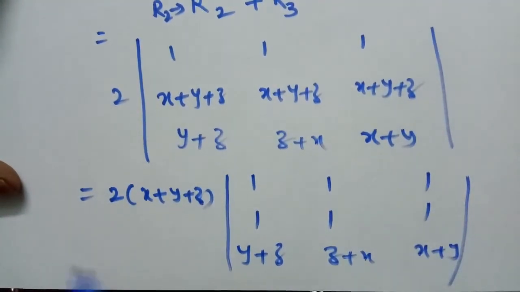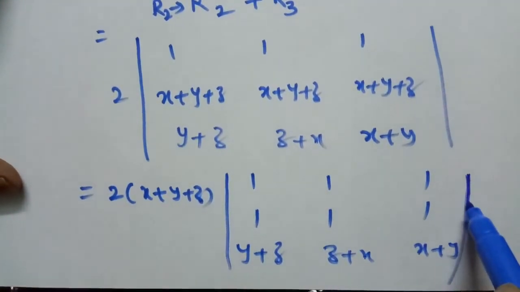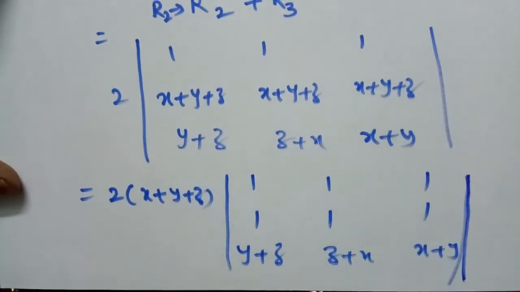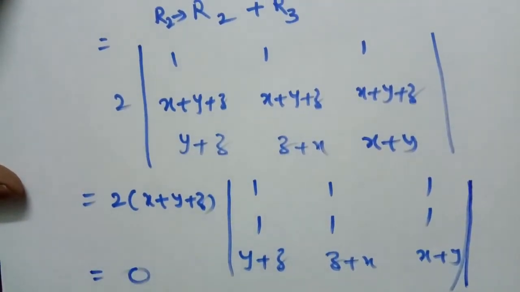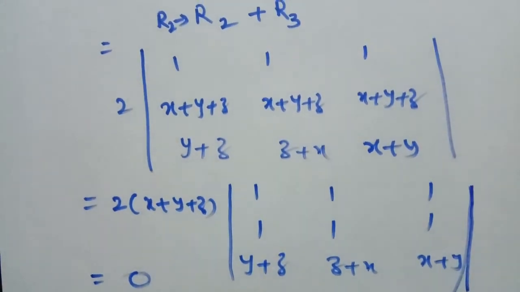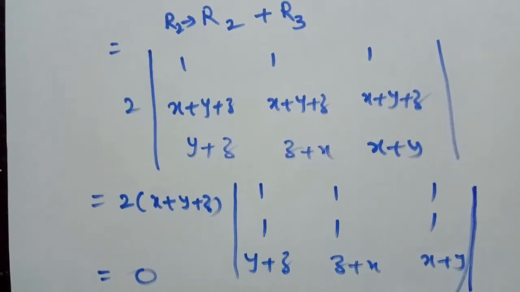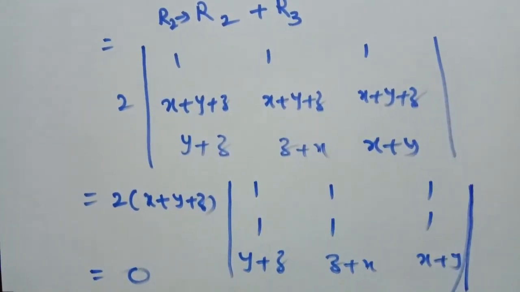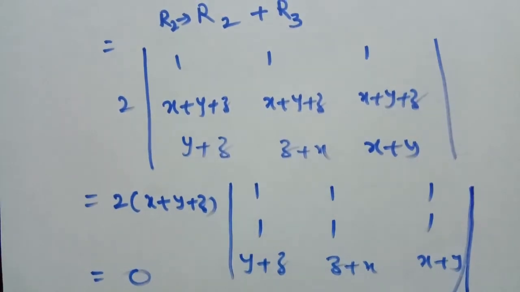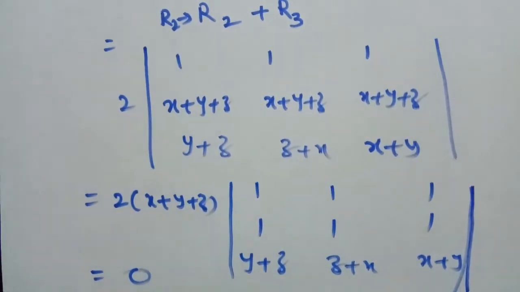By the properties of determinant, if any two rows or columns are equal, then its value is equal to 0. So therefore, the scalar triple product of gradient of u, gradient of v, gradient of w is equal to 0. Therefore, grade u, grade v and grade w are coplanar.